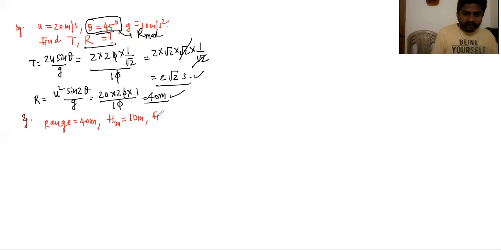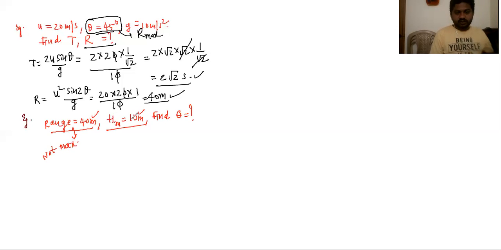So find the angle at which it is projected. Simple. Given the range of a projectile and the maximum height, this 40 is not the maximum range. They have not mentioned anything about that. So you need to find theta.